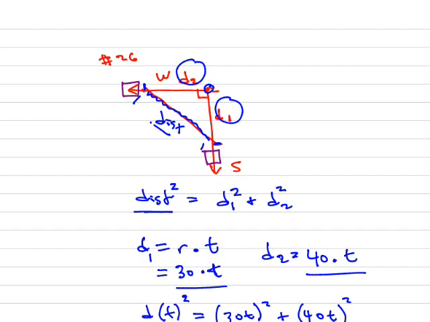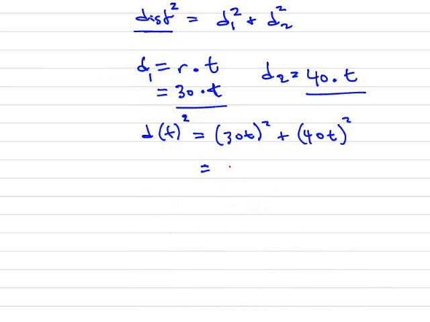So we go ahead and square that out. That's going to be 900t squared plus 1600t squared, equal to d of t squared, which happens to be the distance between the two cars, which is what we want.